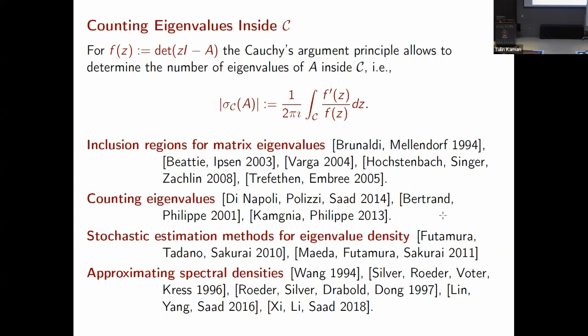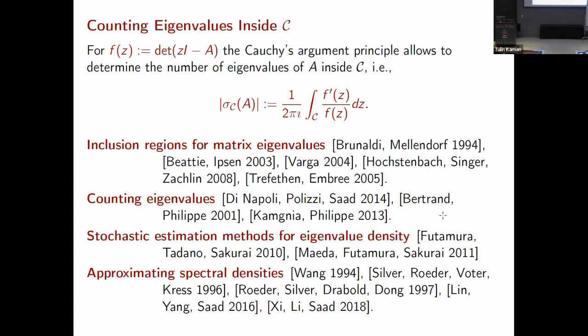So just to give you a little bit of overview, if you are interested in exploring it more: study of inclusion regions for matrix eigenvalues started back with Brualdi in '94. There was a line of work in this direction. Over the years, people have been studying what the inclusion regions of the matrix eigenvalues are. The simplest one, which of course we know, is the Gershgorin type result, but that's of course under the assumption that we have diagonalizable matrices.